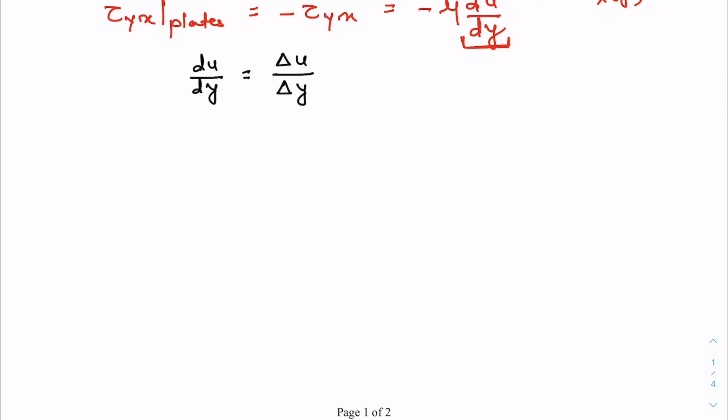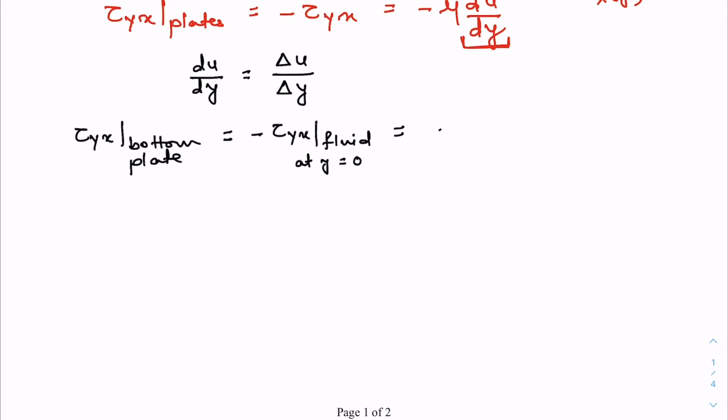So tau yx acting on the bottom plate is basically equal to minus tau yx acting on the fluid at y equal to 0, which will be equal to minus mu2 times delta u2 divided by delta y2.